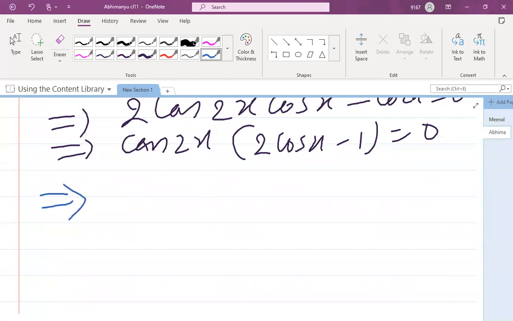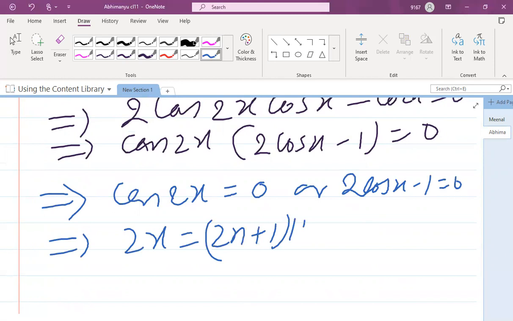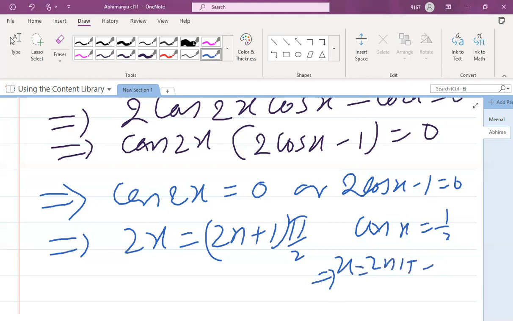So cos 2x equals 0 or 2 cos x minus 1 equals 0, and this implies 2x equals (2n plus 1) pi by 2, an odd multiple of pi by 2, because the value of cos at an odd multiple of pi by 2 is 0. And from here we have cos x equals 1 by 2, which implies x equals 2n pi plus or minus pi by 3.